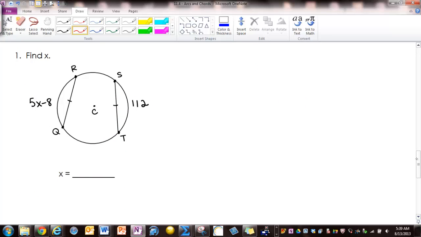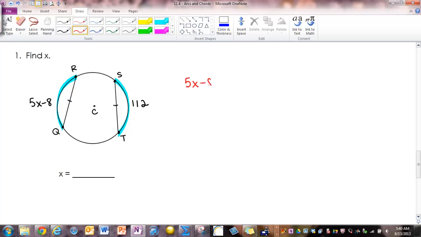Here's our first example problem. We are given that segment RQ and segment ST are congruent. We know that by the marks on the picture. So by the last statements, we know that this arc RQ and this arc ST are also congruent. So I'm going to set up an algebra problem that says 5x minus 8 equals 112.